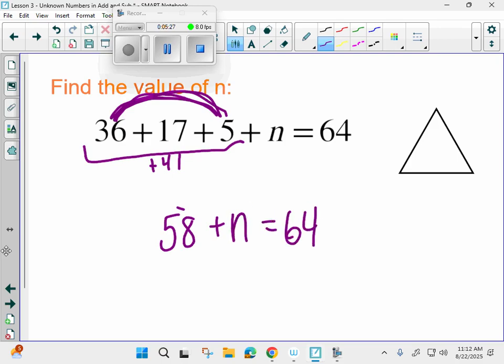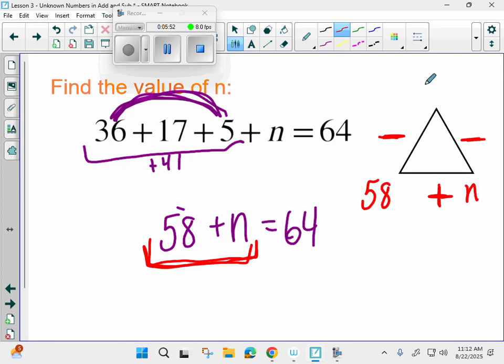Now we can set up our triangle. When we do our triangle, we're going to do minus, minus, plus every single time that it's addition, subtraction. Now, this part is plus. So where on the triangle does this piece go? The bottom. All right, and we're going to go around in that same direction. So I'm going to do 58 plus n equals 64.